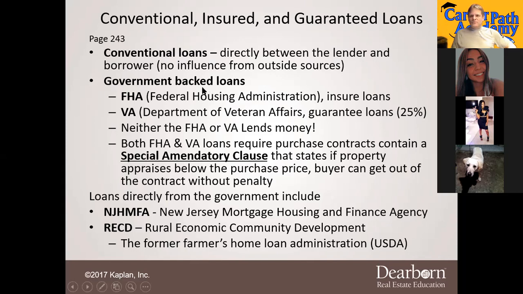You could also get government-backed loans. FHA is the Federal Housing Administration, and they insure loans. So highlight in the second bullet point, insured by the FHA, Federal Housing Administration, or guaranteed by the Department of Veterans Affairs, the VA.